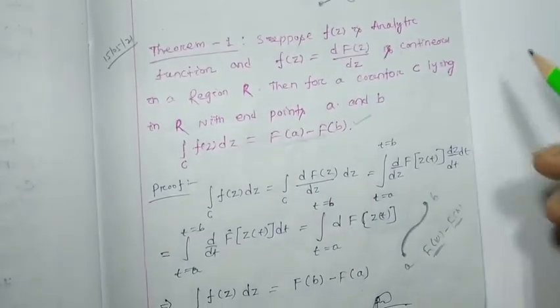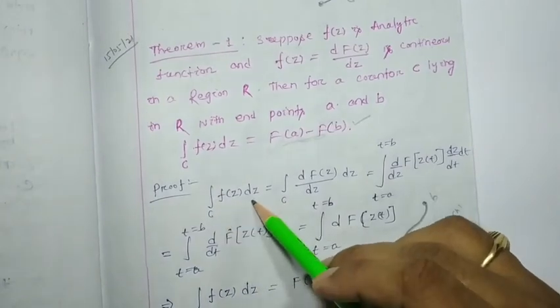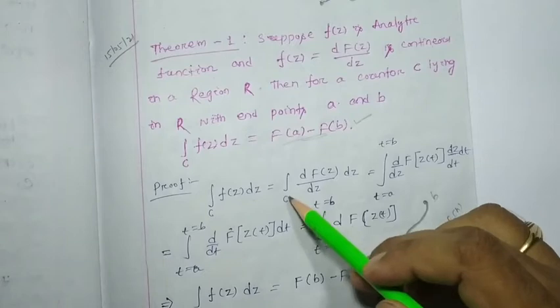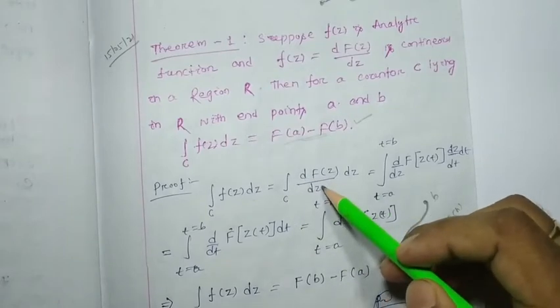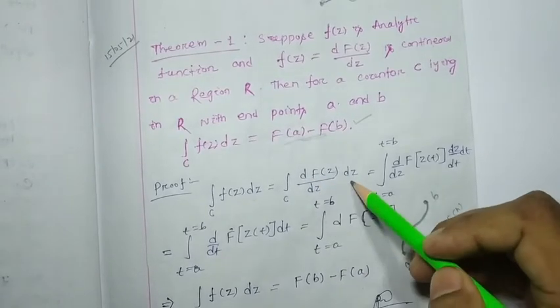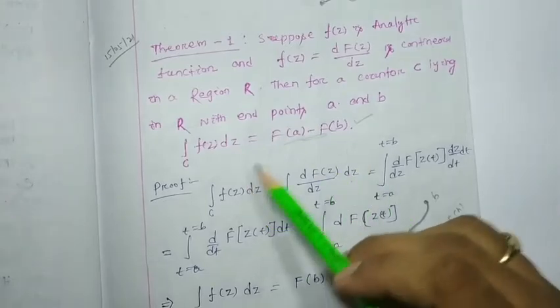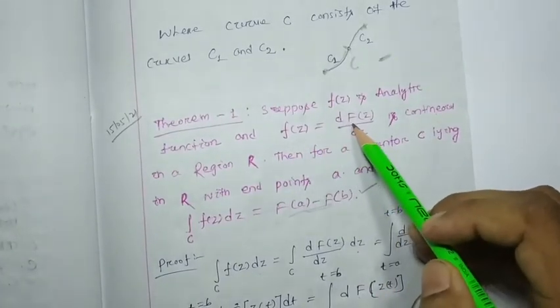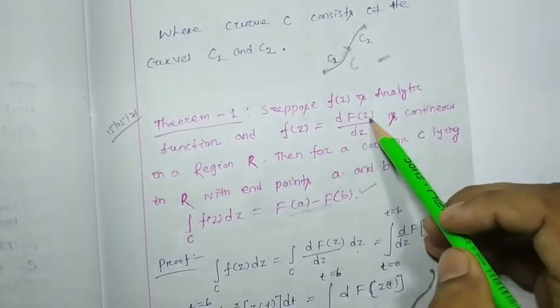Here the contour integration of f(z) dz will be equal to the contour integration of dF(z) by dz into dz, because here we have assumed that f(z) is nothing but the first derivative of another function capital F(z).